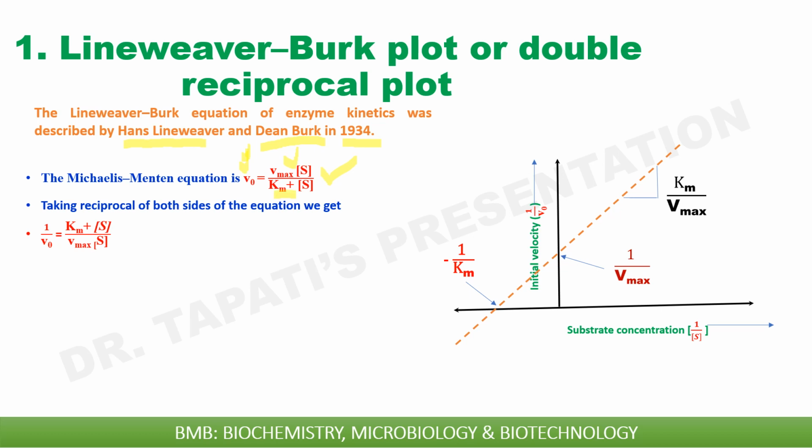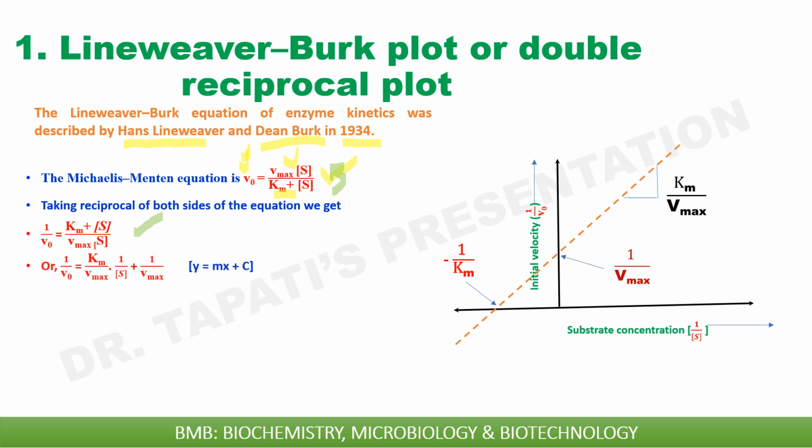This part is going upward because we are taking reciprocals. So it becomes 1 by V0 is equal to Km plus S divided by Vmax into substrate concentration.